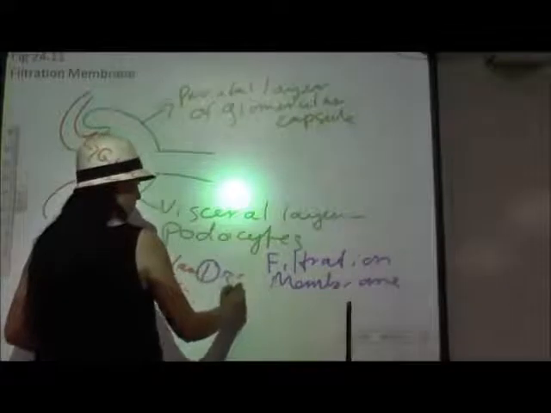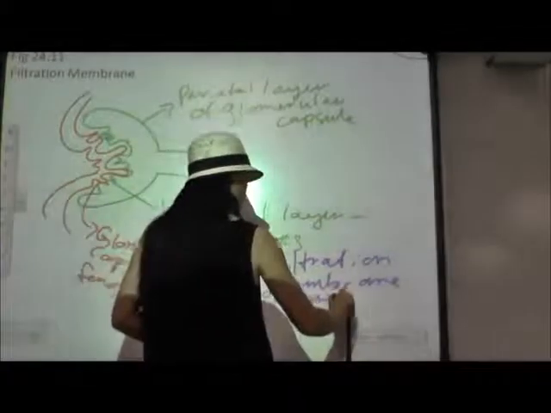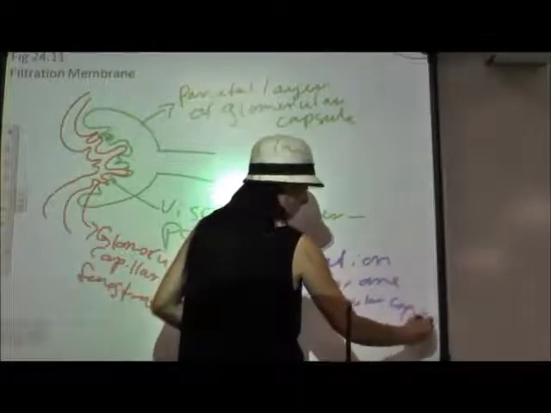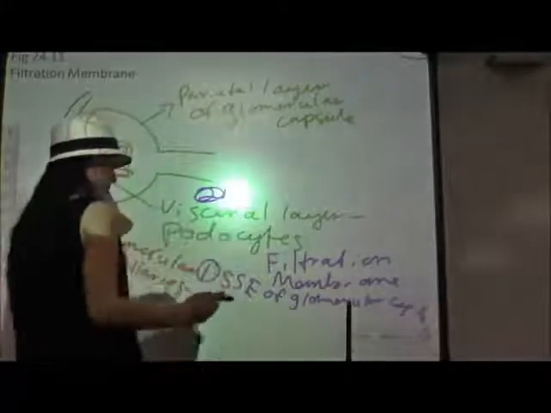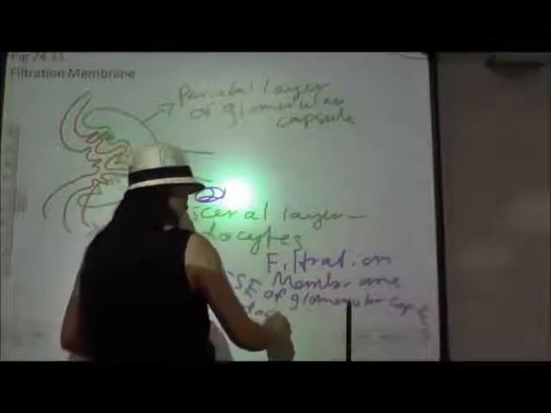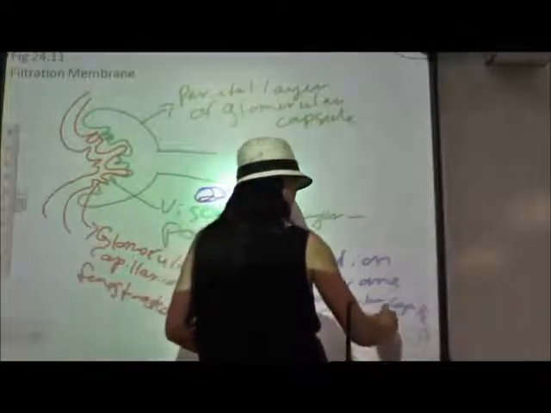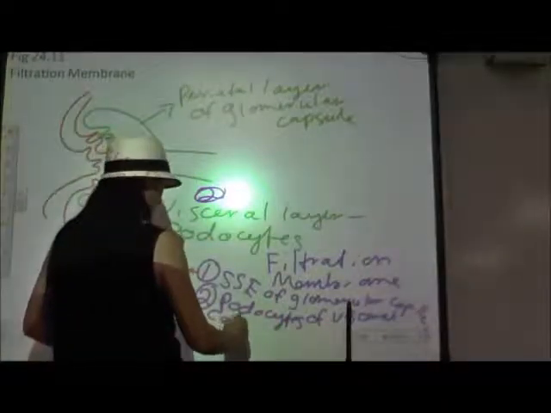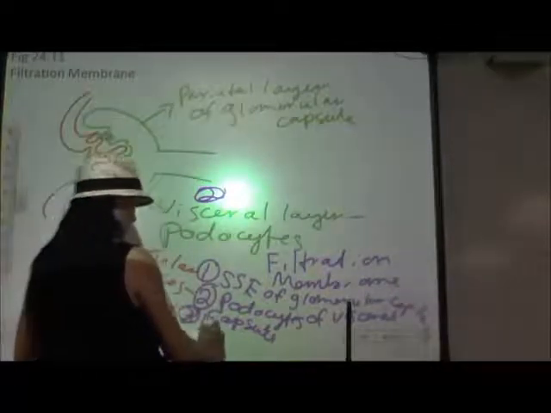One, the simple squamous epithelium of our glomerular capillaries, the fenestrated capillary. Two is coming from these podocytes, the podocytes of the visceral layer of the capsule. And then three, the basement membrane that they share.